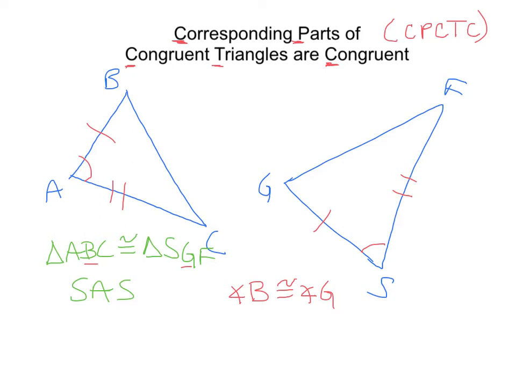So pause and figure that out. Okay, so what we do know is angle C is congruent to angle F, and then we also know that side BC is congruent to side GF, right? So these three things are things that we know once we know the triangles are congruent.